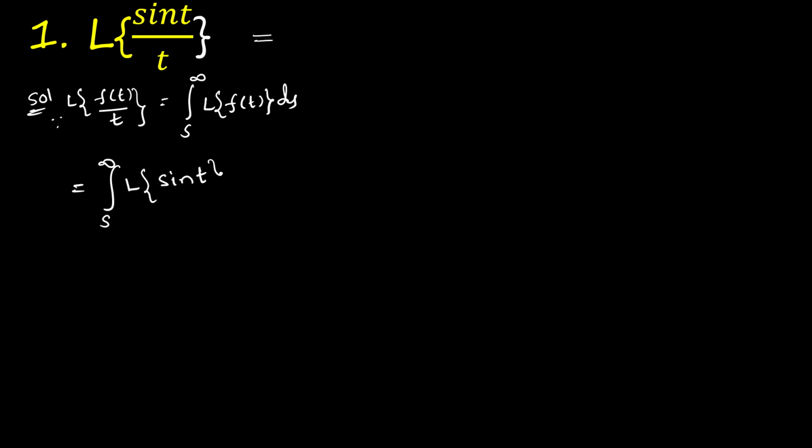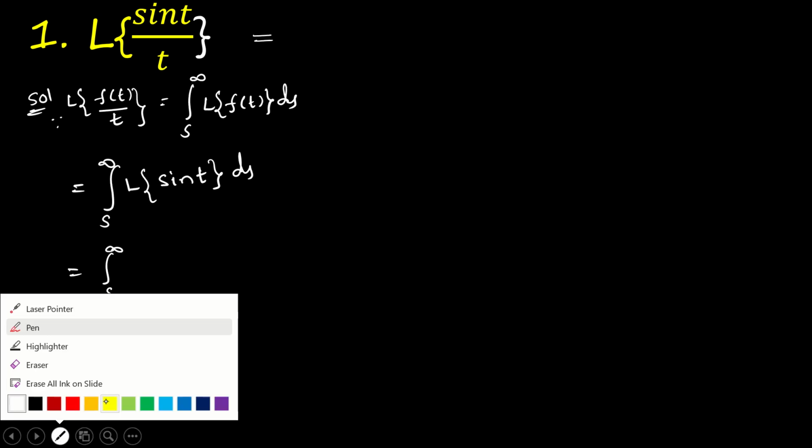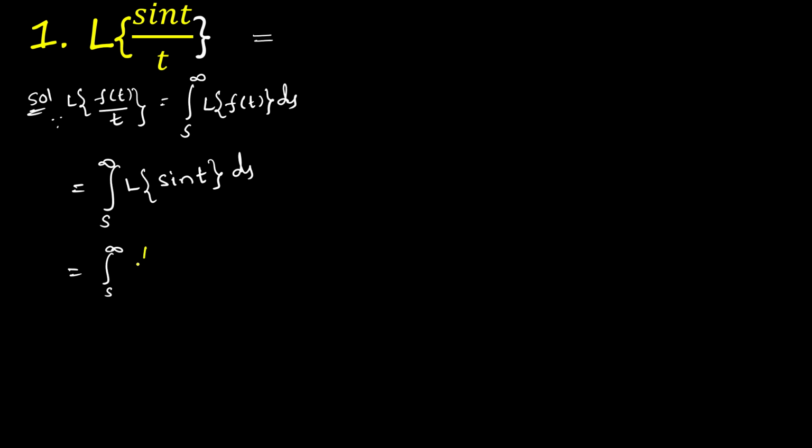Sin t, into ds. Here integral s to infinity Laplace transform of sin t. Sin t is equal to a by s square plus a square, with a equal to 1, into ds, since L of sin at is equal to a by s square plus a square. The t coefficient is a here.